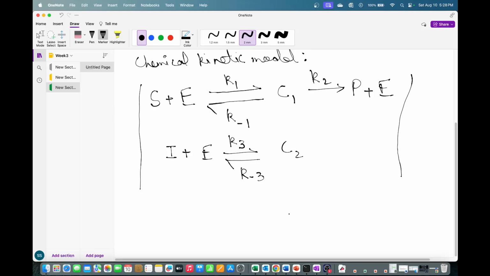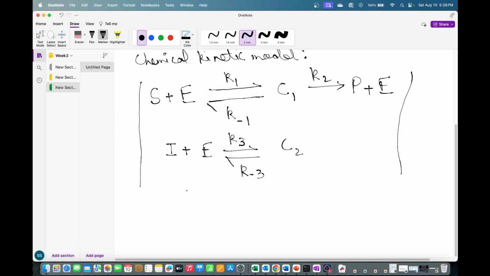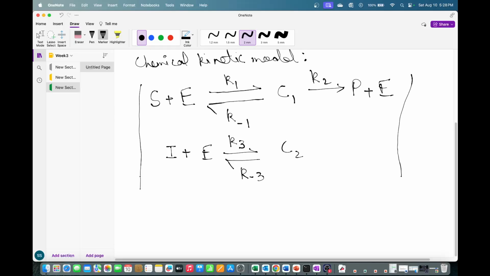Now let's try to model it. Let's first write down the equations. dS/dt will be the first equation.